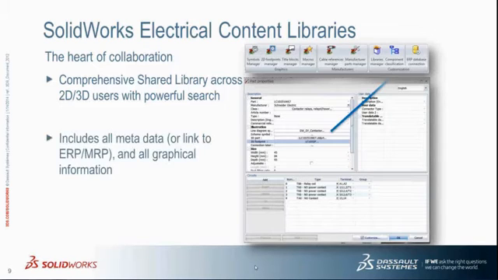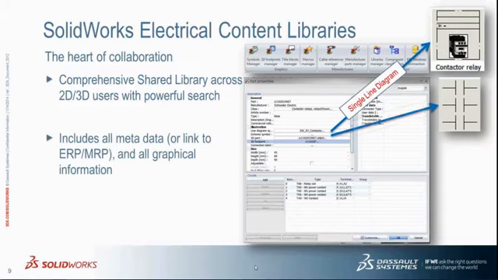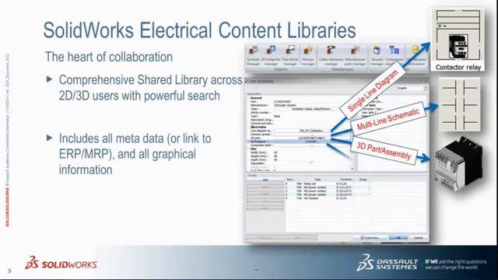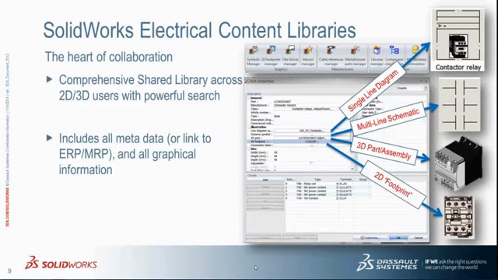And it also includes graphical links to all of the different representations of the components. And so by linking all of the symbols or the 3D parts directly into the component database, users can ensure that not only will their documentation conform to the company standards, but they can also ensure that they won't have to waste time either searching for or creating CAD symbols or models. It's all in the library, ready for immediate use.